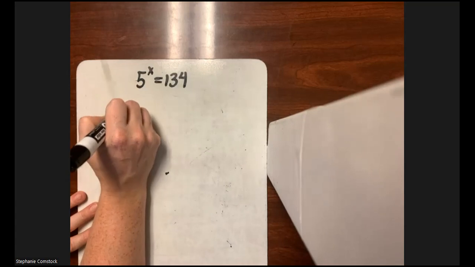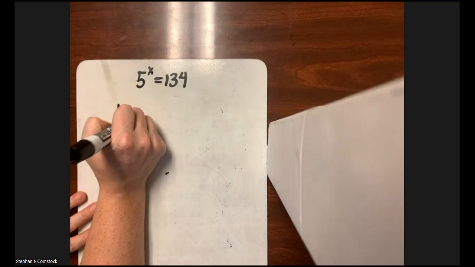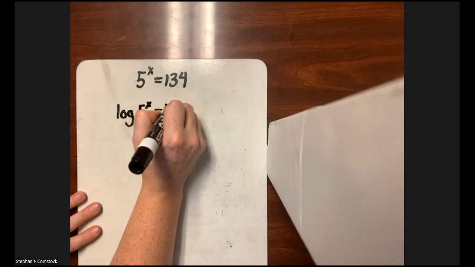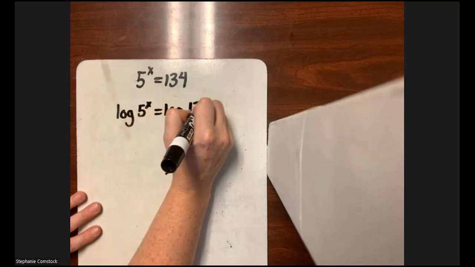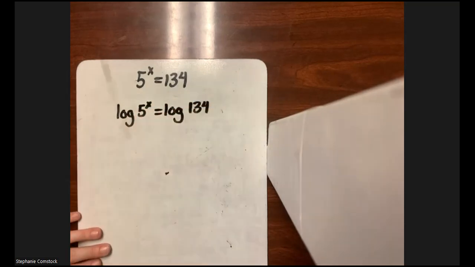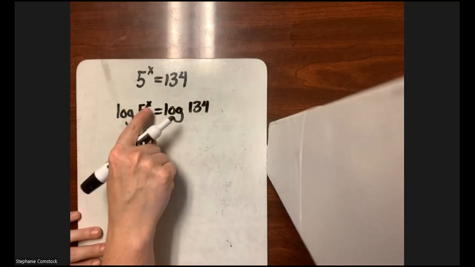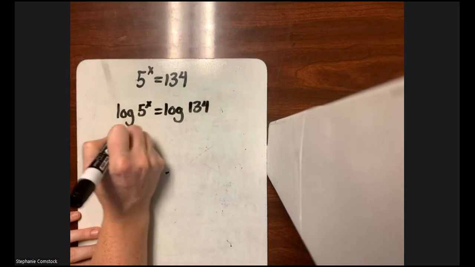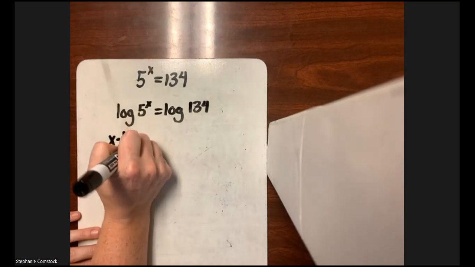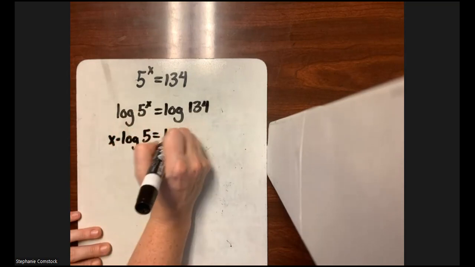So what we can now do is take log on both sides like this. And now on this side, I can bring the x down in front. And remember that that turns into just a multiplication problem.